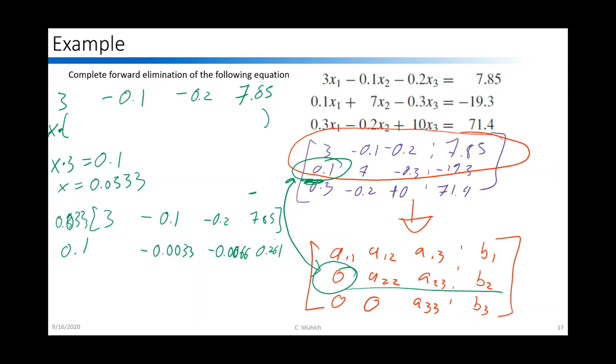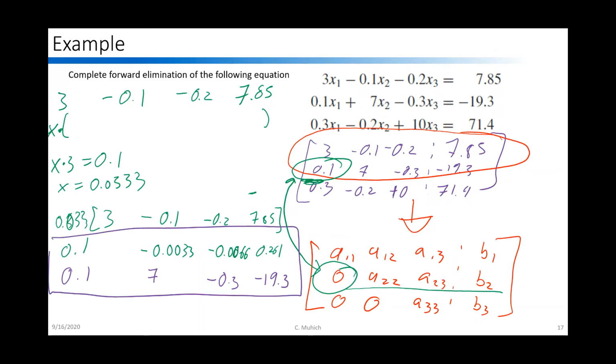Why this is important is now, if I look at that second row of my matrix, I have 0.1, 7, negative 0.3, negative 19.3. So now I can subtract one from the other, and it will eliminate that first variable. Essentially, I'm just taking those two equations and subtracting one from the other.